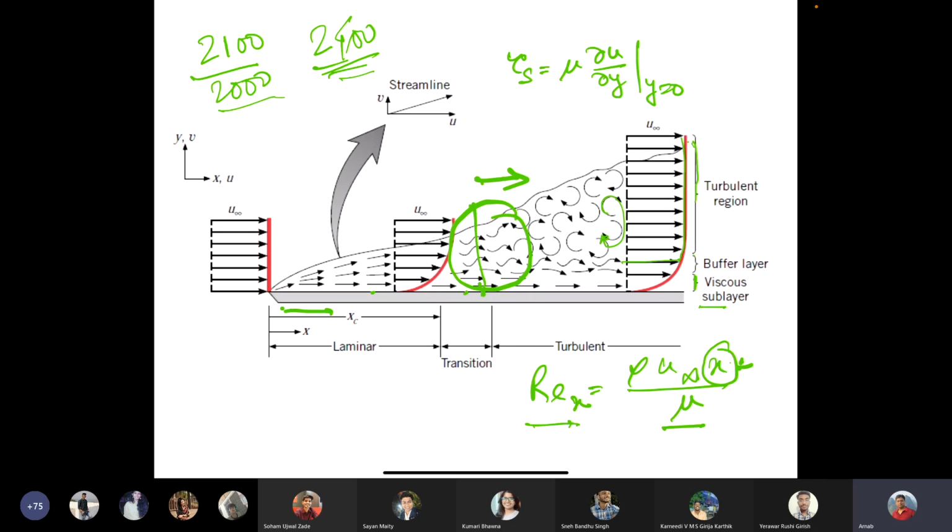So the point I'm trying to make is that when there is flow inside a pipe, if the Reynolds number is lesser than 2100, or as you said 2300 or 2400, the flow is laminar.